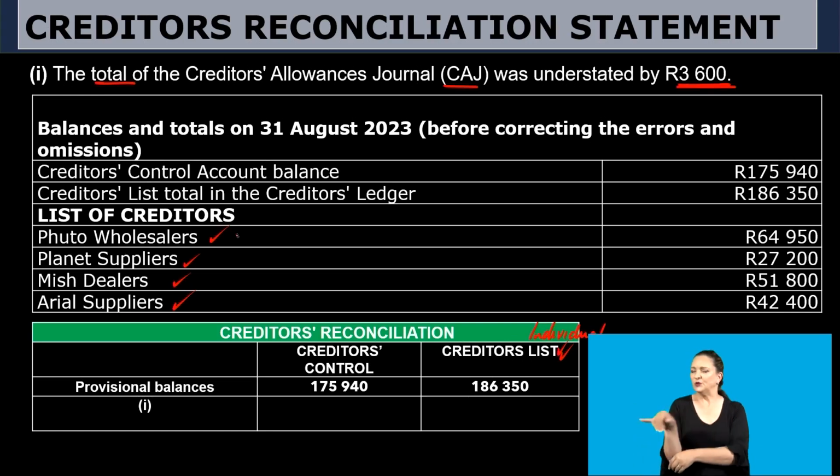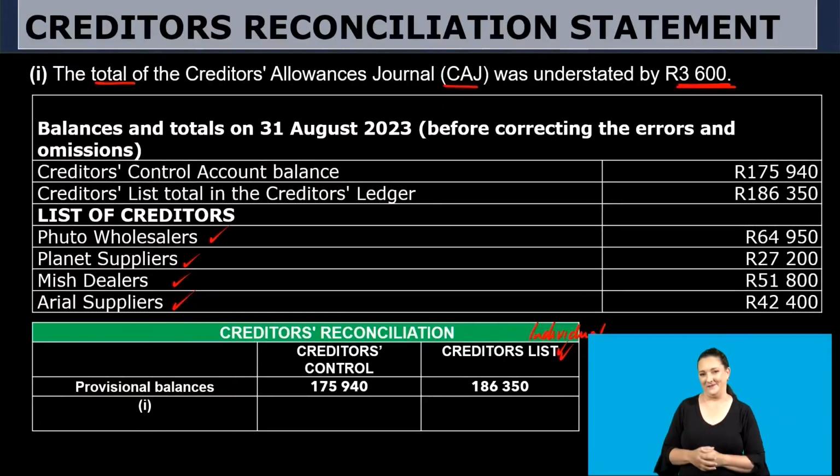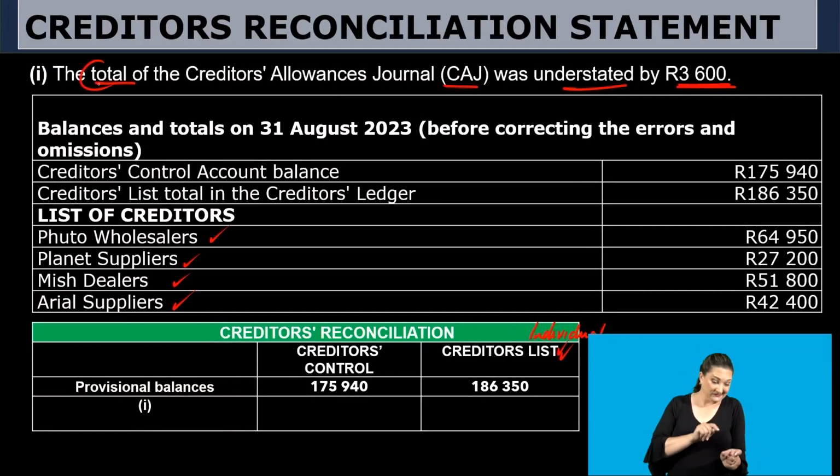Is it to Puto, or to Planet, or to Mish, or to Aerial? It will be to neither of them, because we are not given any indication that the error was in the list. But we know that the error was because an amount was understated in the journal, the total of a journal. And we understand that when we prepare the control, we use totals from journals.